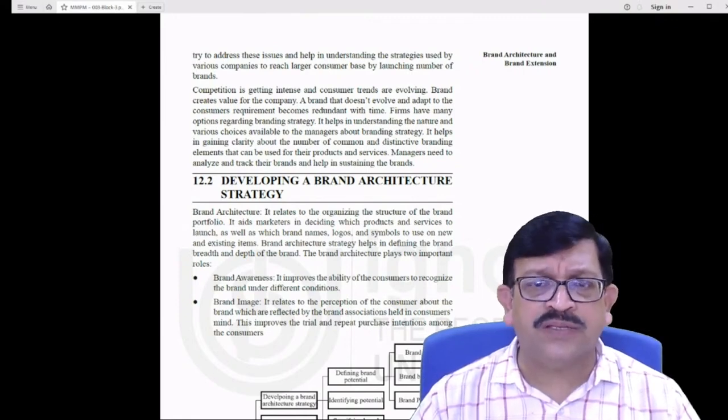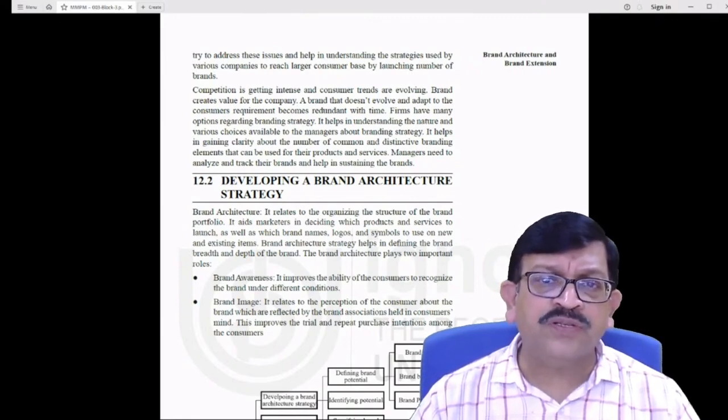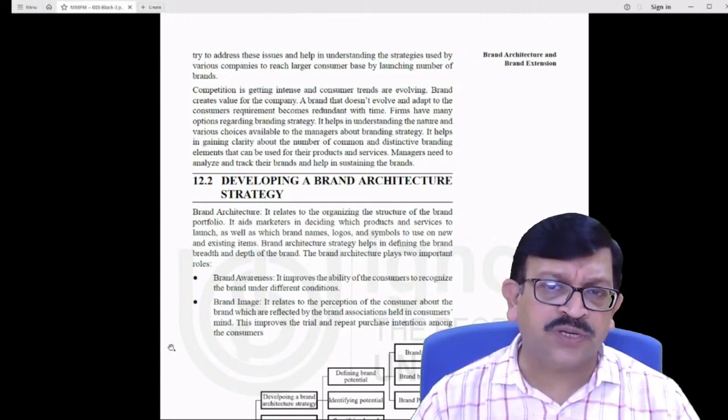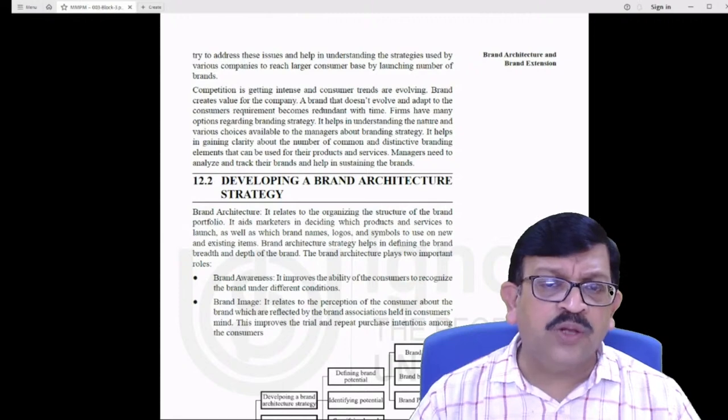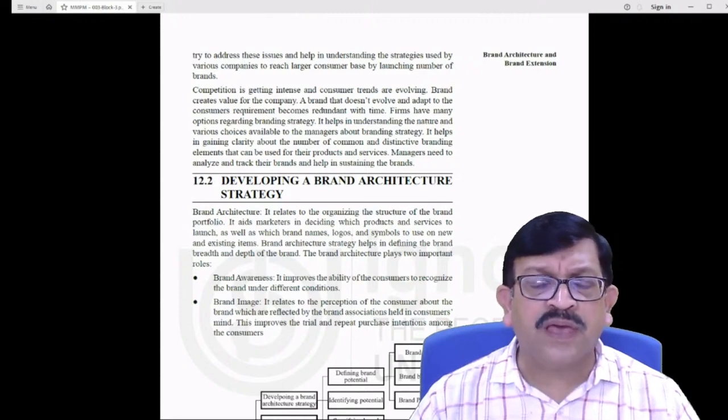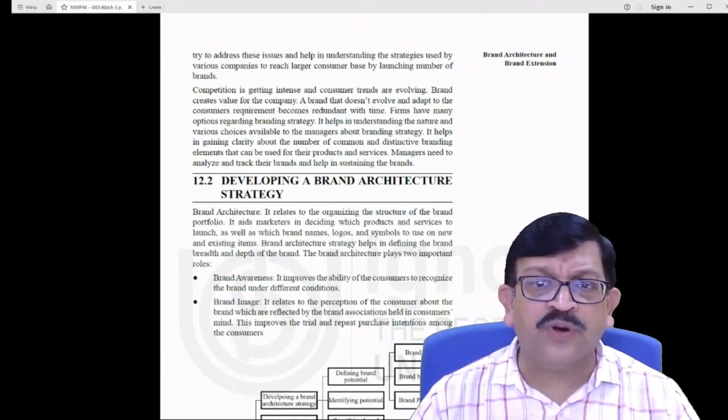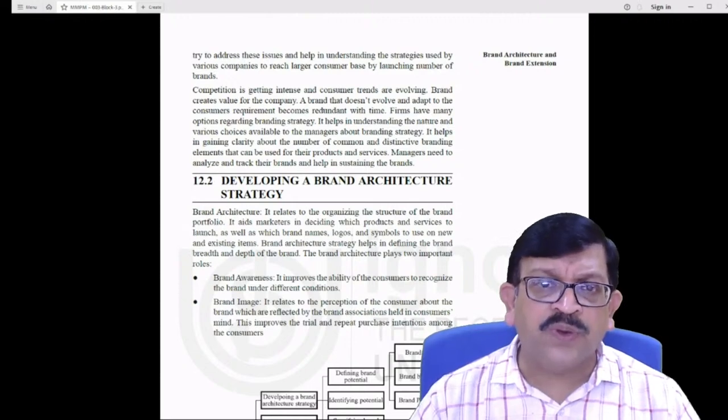If you look into HUL, similarly, you will find across different soaps and detergents, there are multiple brands available. At a global level, these companies have something like 300 to 400 odd brands offered to markets across the globe. HUL could have nothing less than 200 brands available only in India.